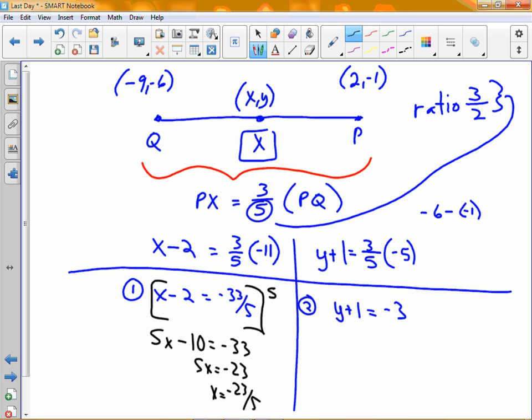Over here, it's just y equals -4. So what we find out is this magical point that we're looking for is at -23 fifths, which would be -4.6, and -4.